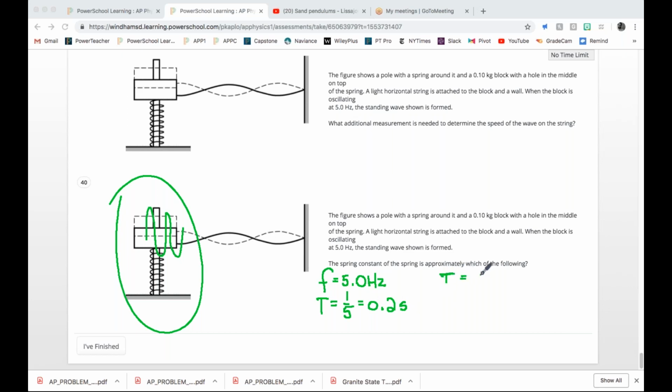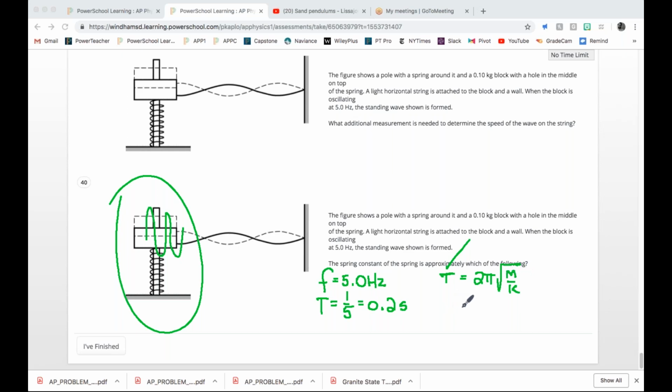So I can write period equals 2 pi root m over k. That formula is given to me on my yellow equation sheet, and they give me the mass of the block. So I have everything I need: the period, 2 pi is a constant, the mass is given, and I'm looking for k.